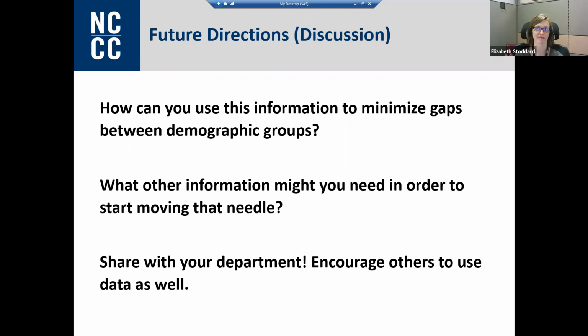So as you see this data and learn how to explore it, you can think about how you can use this information to minimize those gaps between demographic groups. Think about what other information you might need in order to start moving that needle and minimizing those gaps. I know that faculty level information would be helpful.